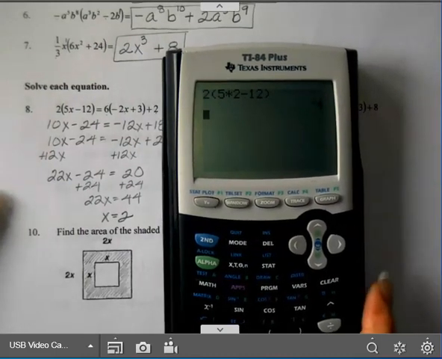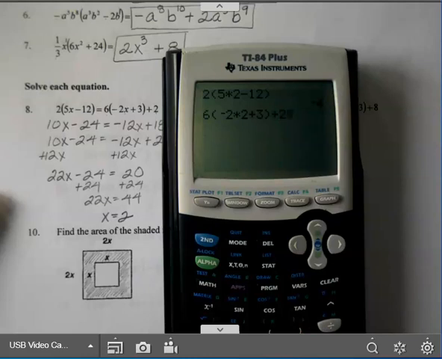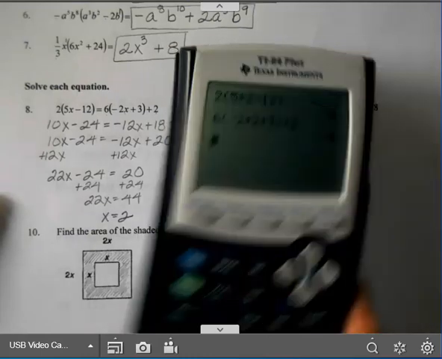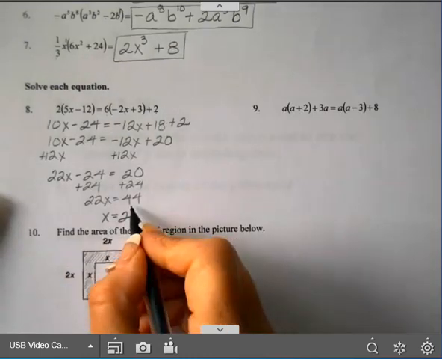On the right side, I have 6 times the quantity negative 2 times x, which was 2, plus 3, and then plus 2. And the right side's negative 4. So negative 4 is equal to negative 4, so I know my solution does work.